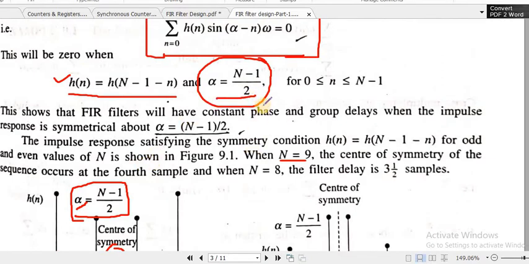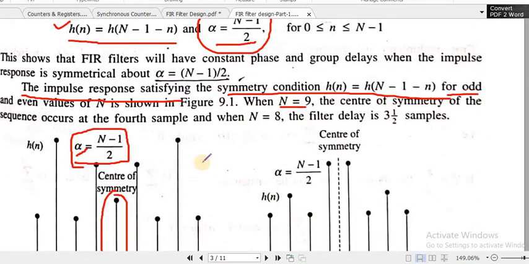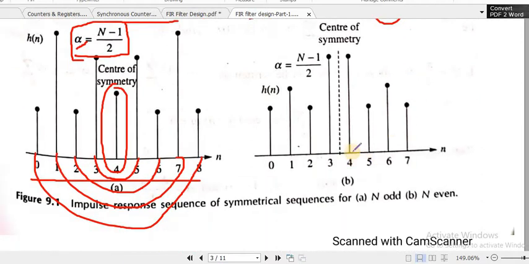Now this capital N is basically the length of the filter, the length of the FIR filter. This line is the impulse response satisfying the symmetry condition for odd and even values. So this capital N can be even or odd. If we take N equal to 9, the center of symmetricity is the 4th sample, and when N equal to 8, the center of symmetricity is 3.5.